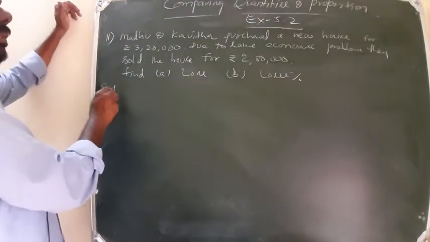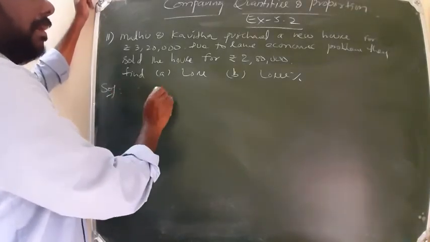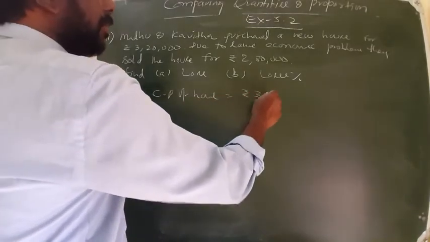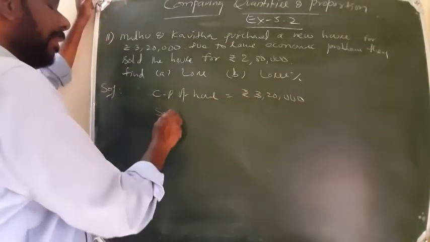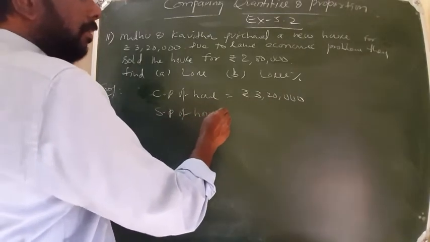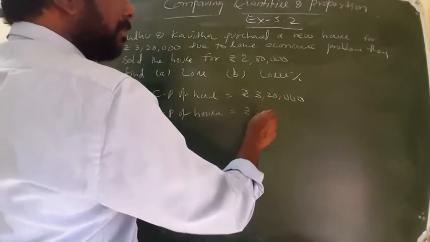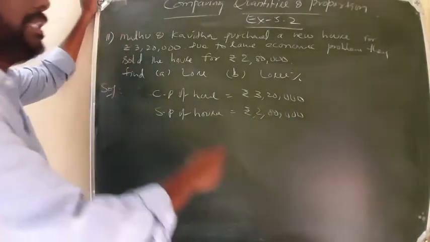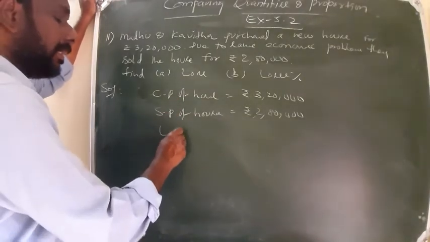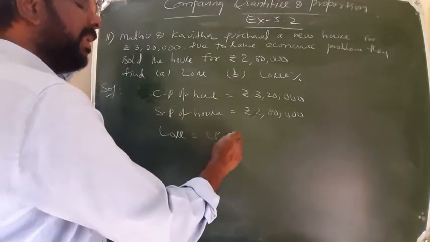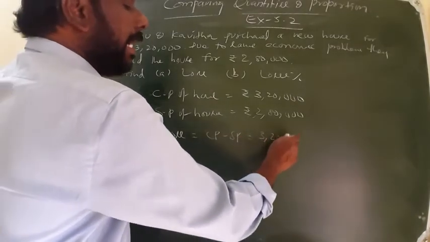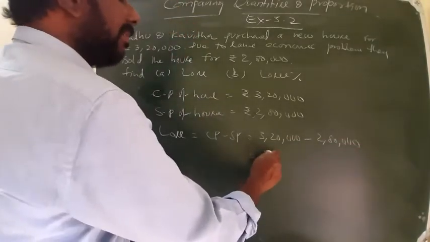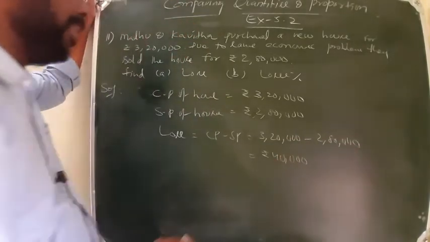So solution: CP of house rupees 3,20,000, SP of house 2,80,000. Here CP is more than SP, so you get loss equal to CP minus SP. 3,20,000 minus 2,80,000, that is 40,000. So loss is 40,000.